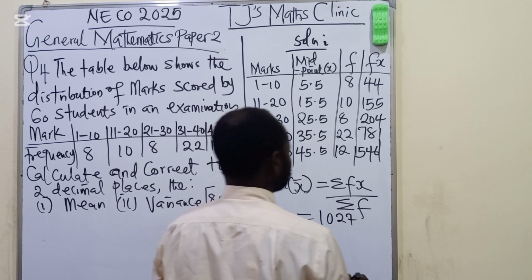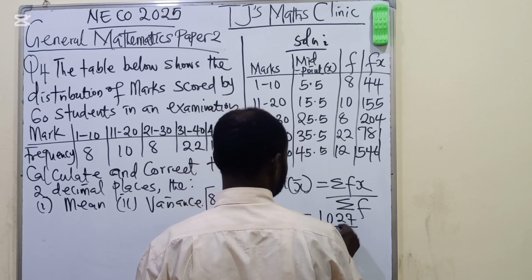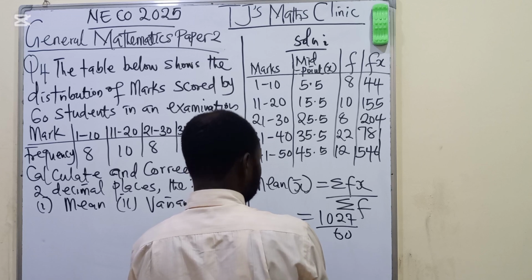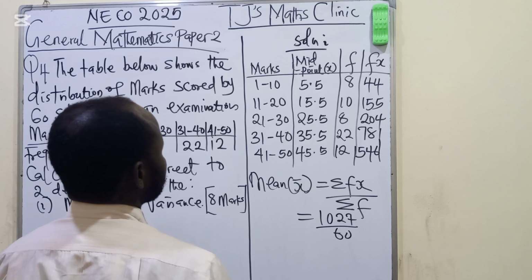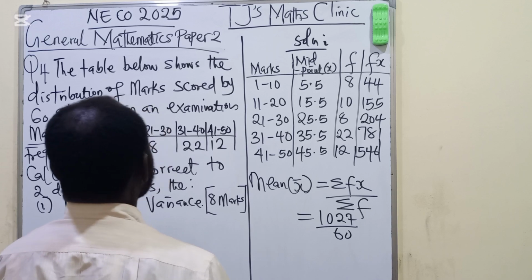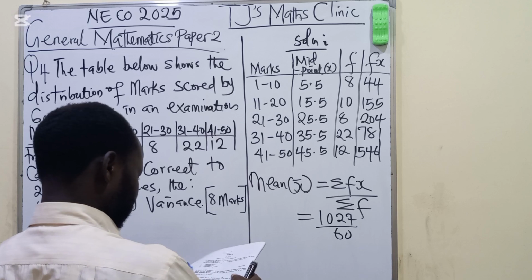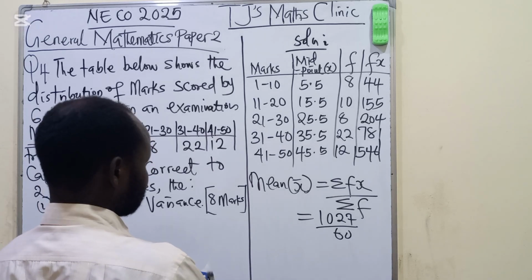Then summation f now is 60. Let's still check from the question, the frequencies are 8, 10, 8, 22, then 12.